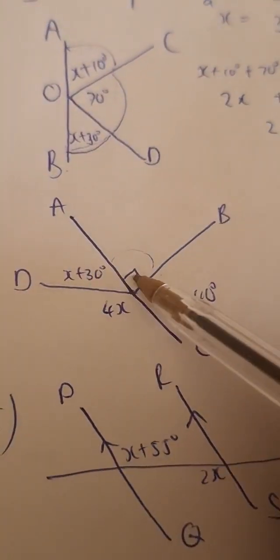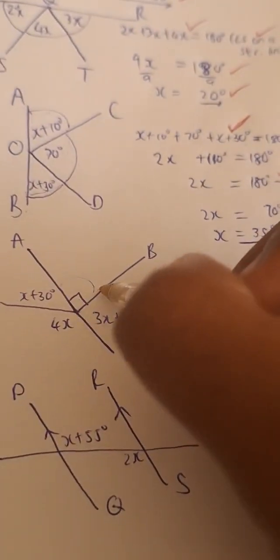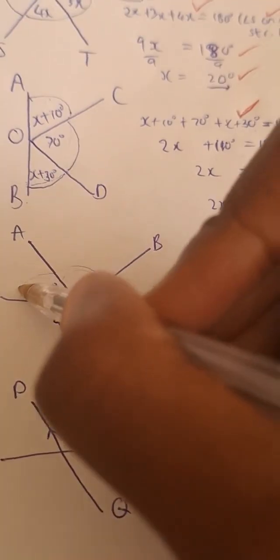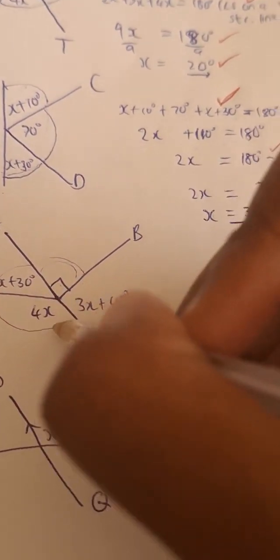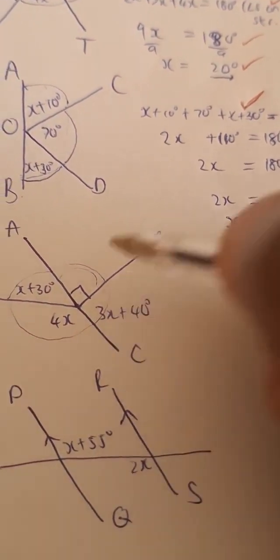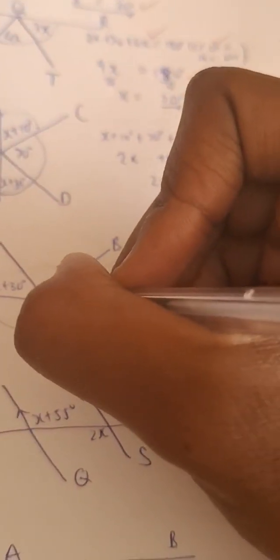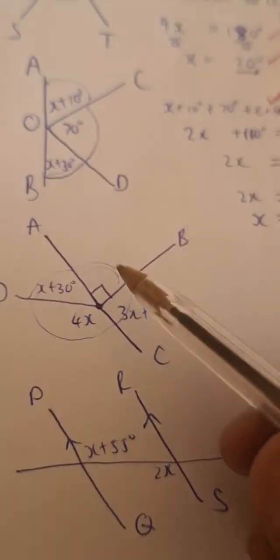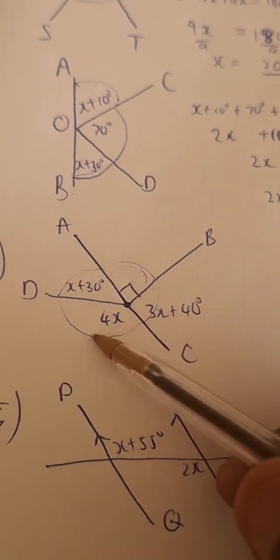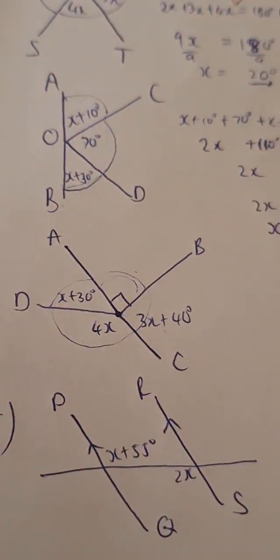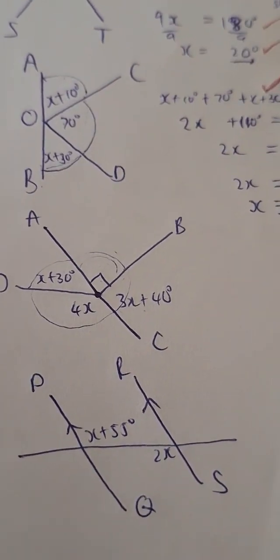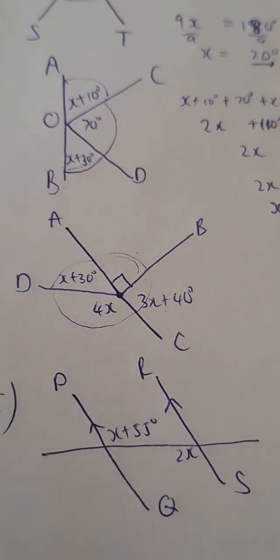So that's 90. So we have this angle here, that angle there, that angle there, back to that angle there. I'm sure you can see, guys, that this is a point. And these angles around this point, what do we know about them? What is the relationship that exists between these angles?